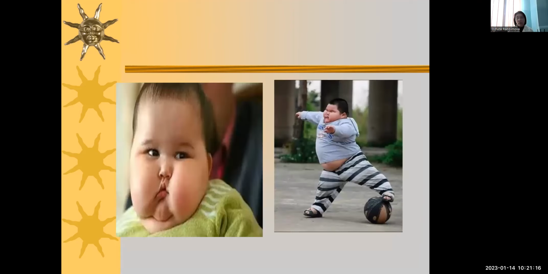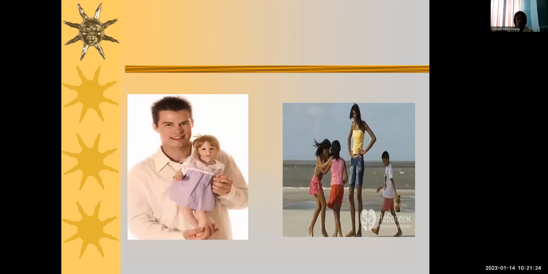On this picture, you can see a baby and a child with obesity. On this picture, you can see children with other pathology, with dwarfism and with gigantism.